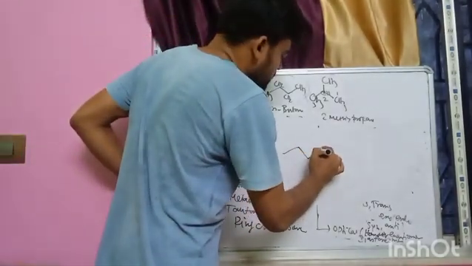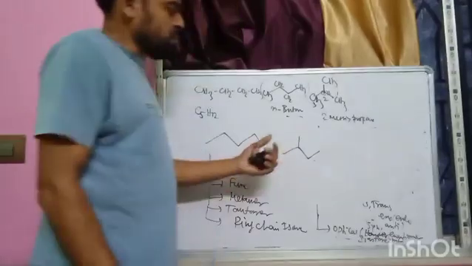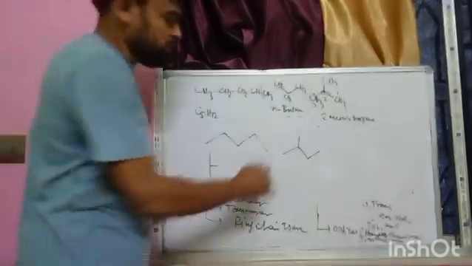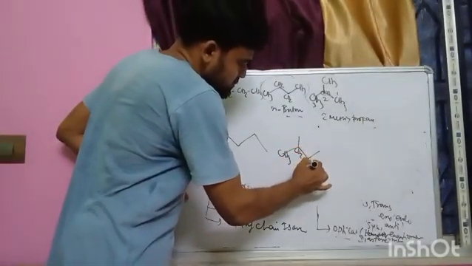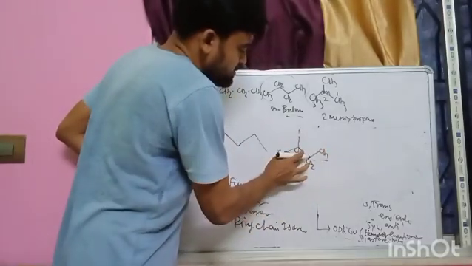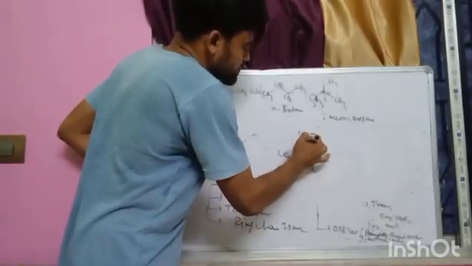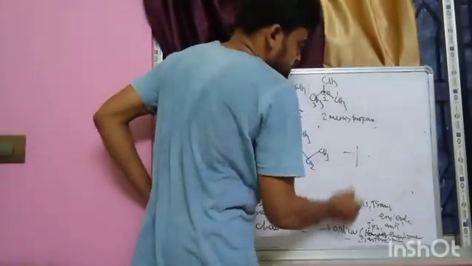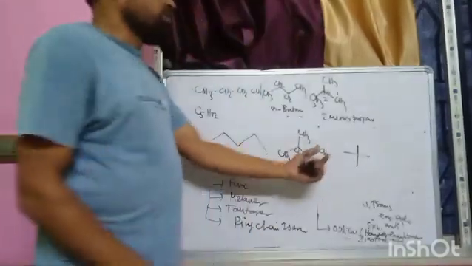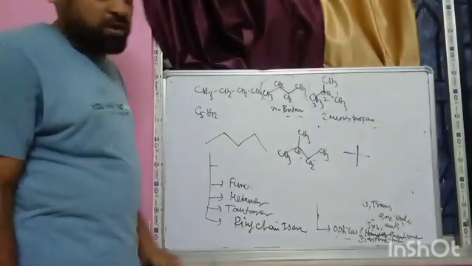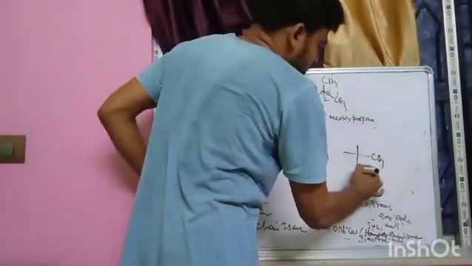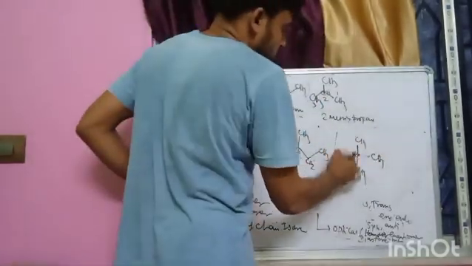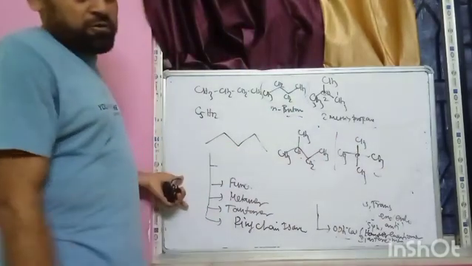And the other also has 5 carbon atoms, CH3 CH2 CH2 CH3, and it is CH, and CH3, carbon having valency 4. And another example of chain isomer of C5H12 is CH3 CH3 CH3 CH3 and C. Here also 5 carbon atoms are present and the hydrogen atoms are 12.